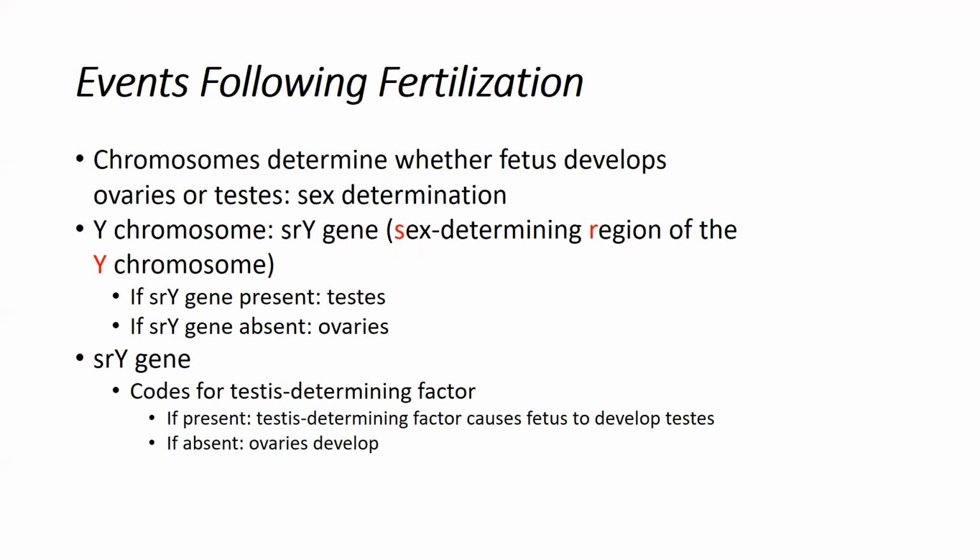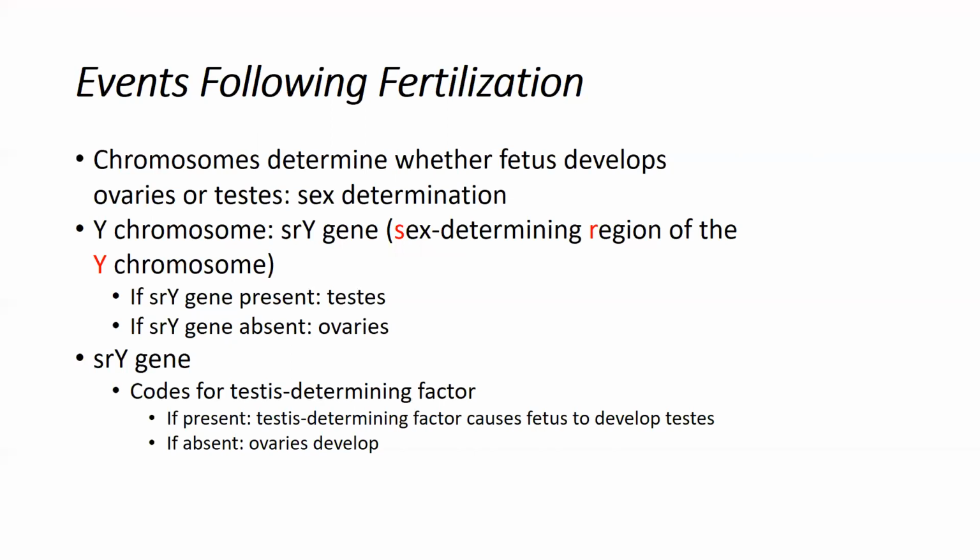Now, there's an area on the Y chromosome called the SRY gene, SRY standing for sex determining region of the Y chromosome. It's a small area on the chromosome itself, and that is the area responsible for the development of testes, as well as the absence of ovaries in males. Specifically for males, the SRY codes for a protein called the testis determining factor.